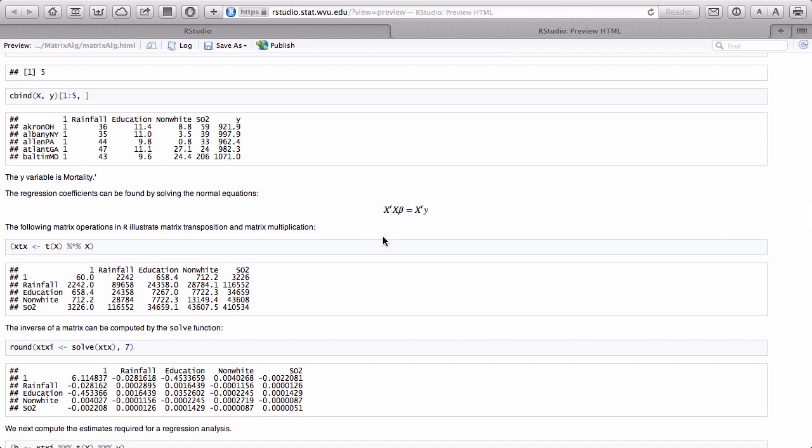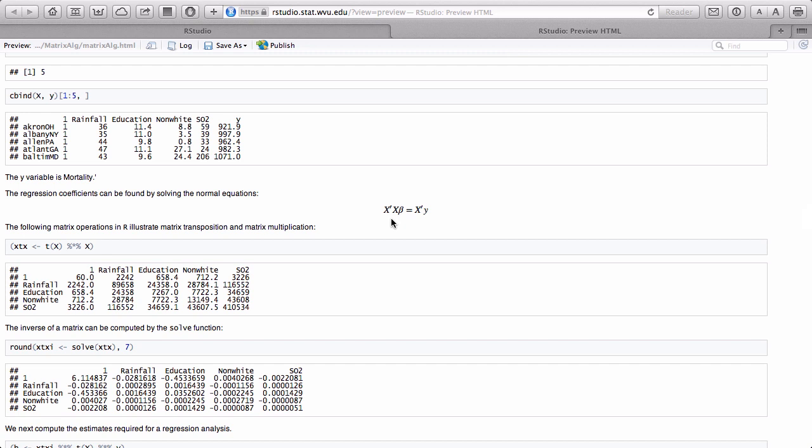Now, if I take the inverse of x prime x and multiply it by that equation, I would get x transpose x inverse times x transpose x, beta, equals x transpose x inverse times x prime y. Perhaps I should have written that out. But I'm going to multiply both sides of this equation by x transpose x inverse.